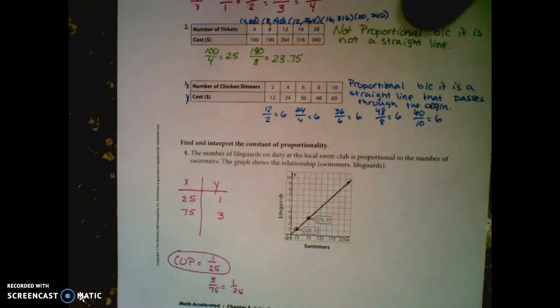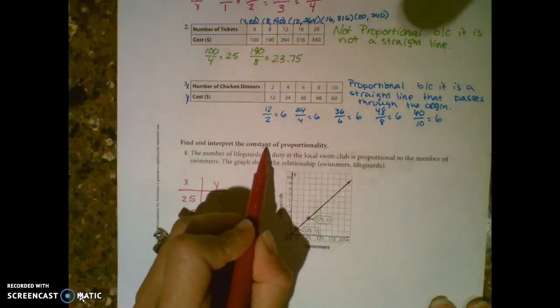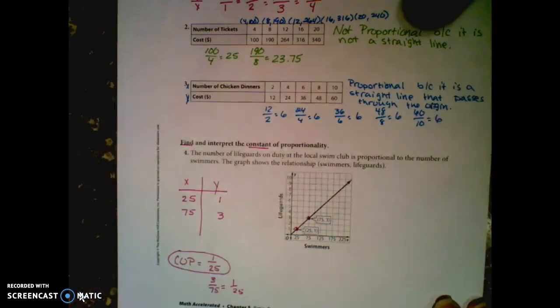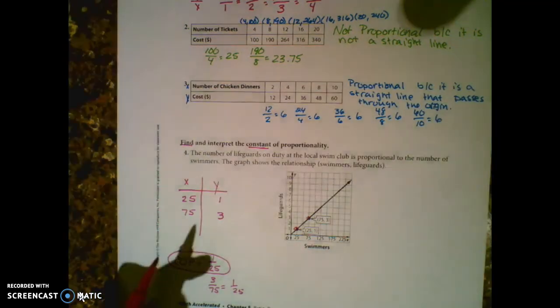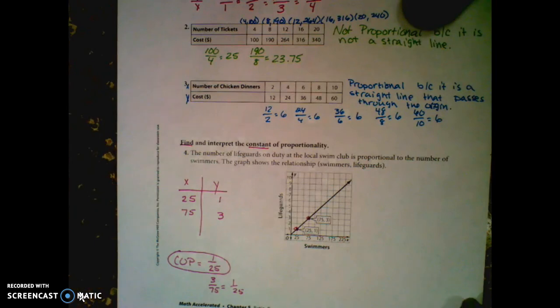It's okay that it's a fraction, okay? Now, so I've answered number 1. I have found the constant of proportionality. Now I need to interpret it. What does that 1 represent? What does that 25 represent?